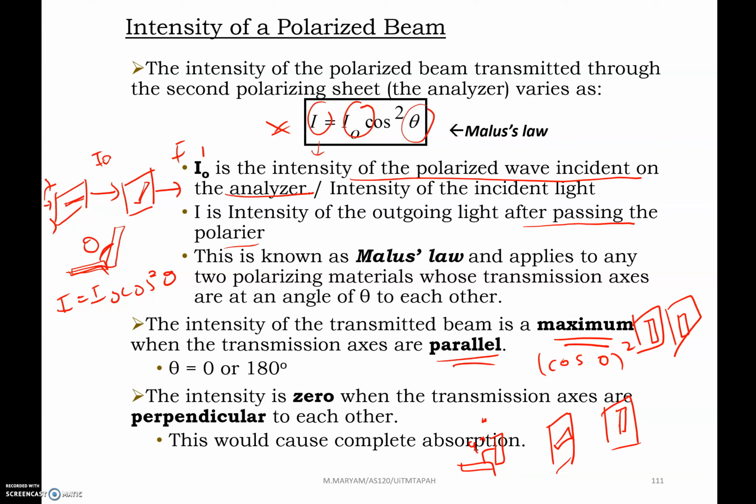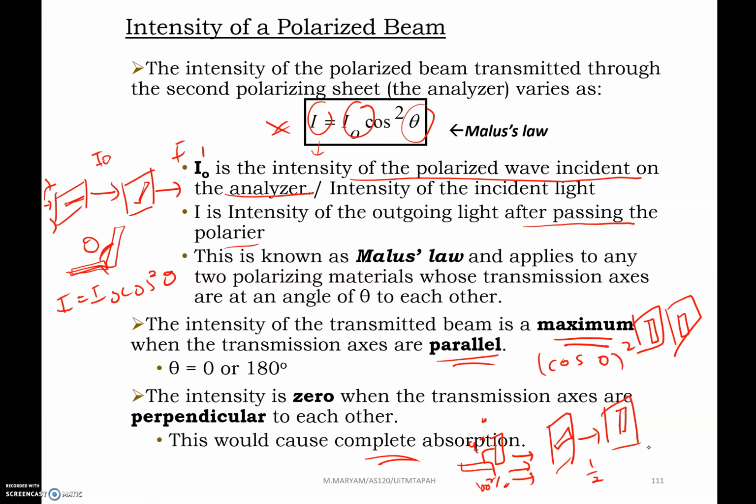This will cause complete absorption. If I have 100% intensity of light going to the first polarizer, it will only be left with half of the intensity of light, so half of I naught.